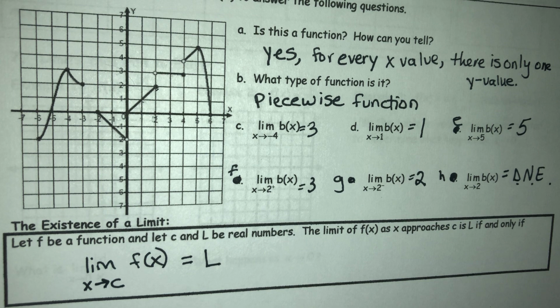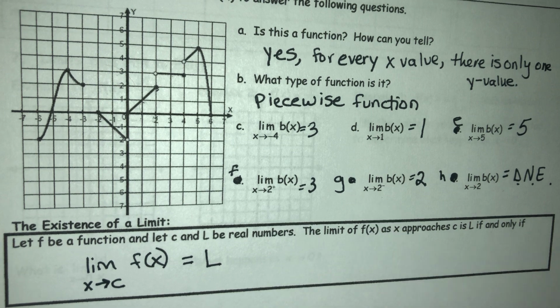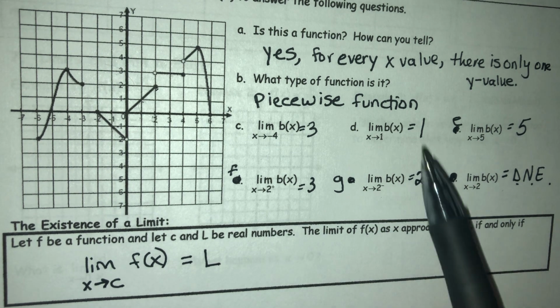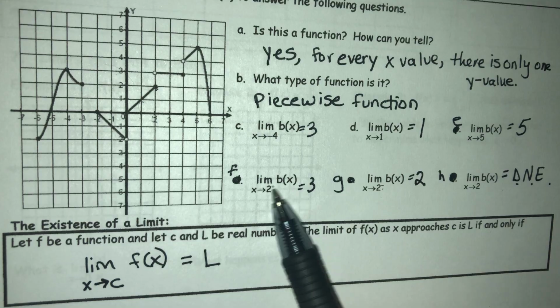So if this limit does not exist because the left-hand limit and the right-hand limit were not the same, sorry, I pointed to the wrong ones. This is the left-hand limit, this is the right-hand limit.